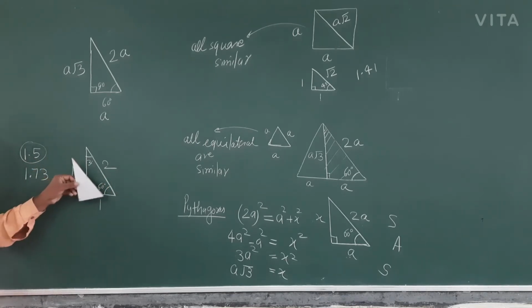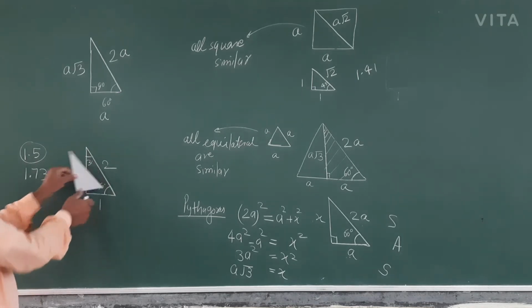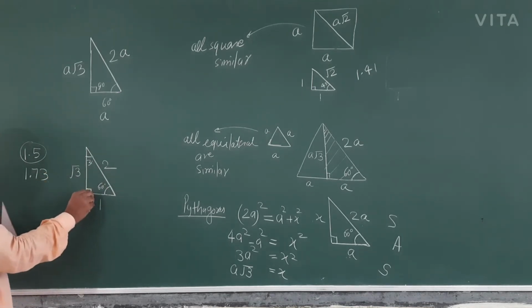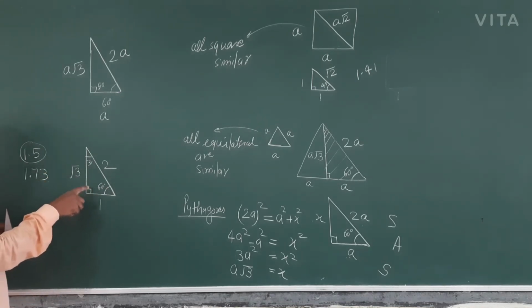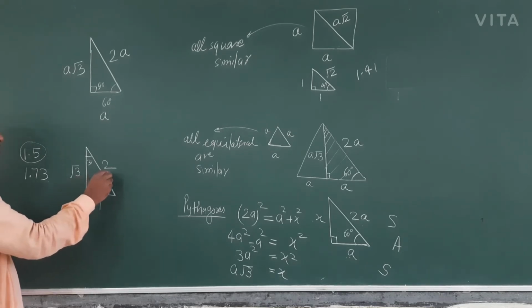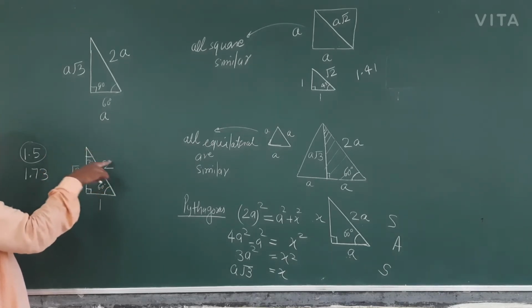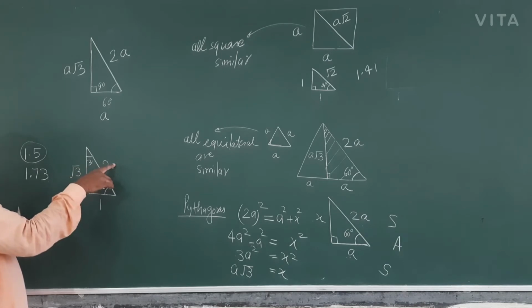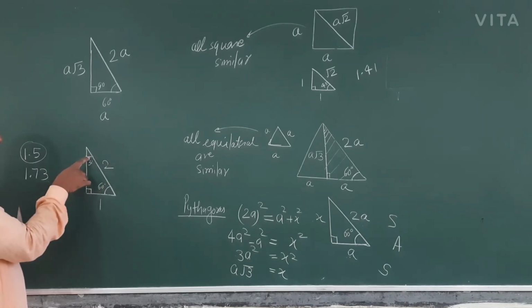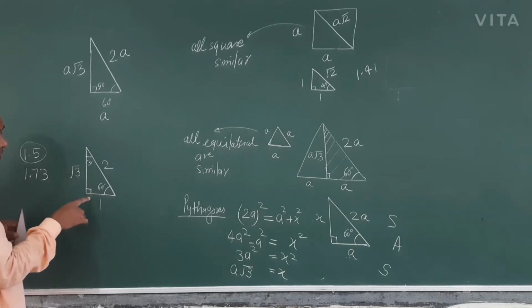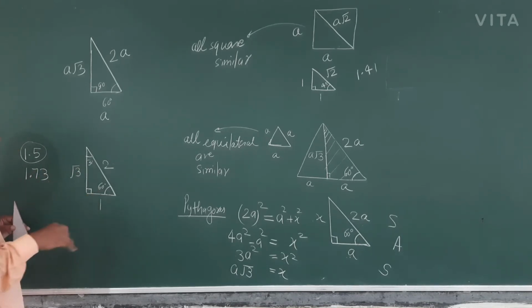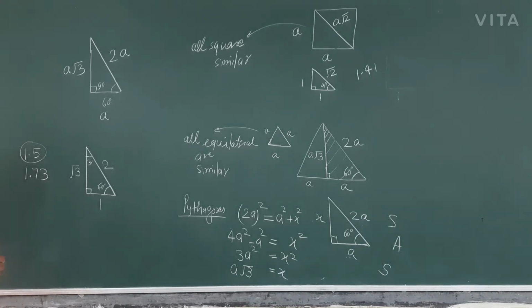So in any triangle of this type, you can again verify. This is 90 degree, the highest angle, so the opposite side is highest, exactly 2. And 30 degree is the lowest, so the side opposite to it is lowest, 1. You will learn it in this way. Let me repeat.